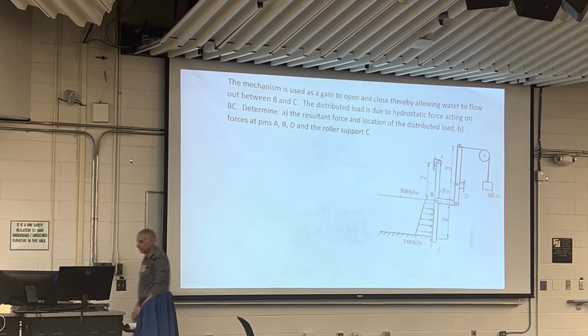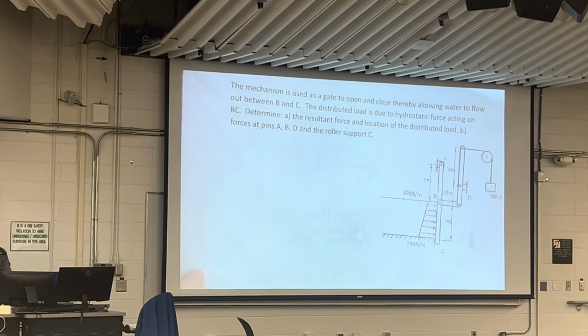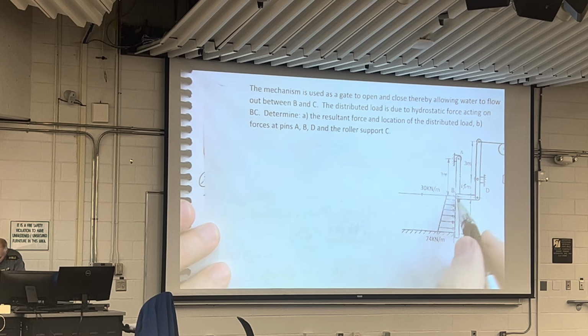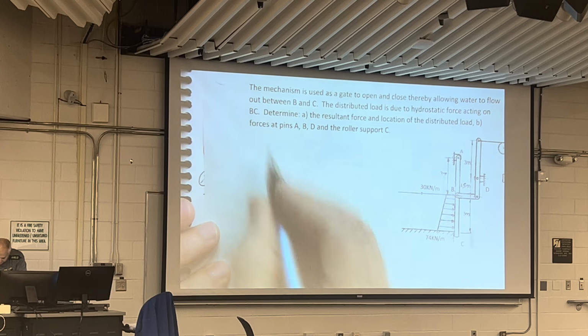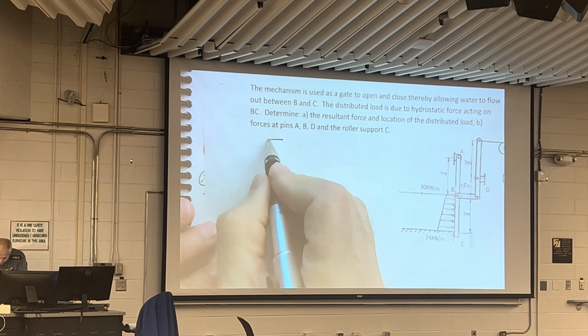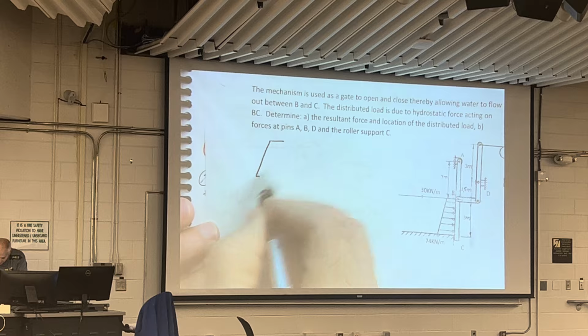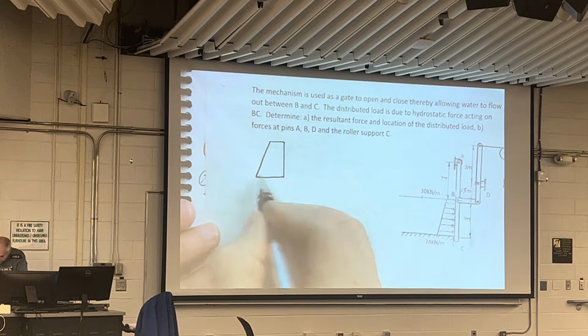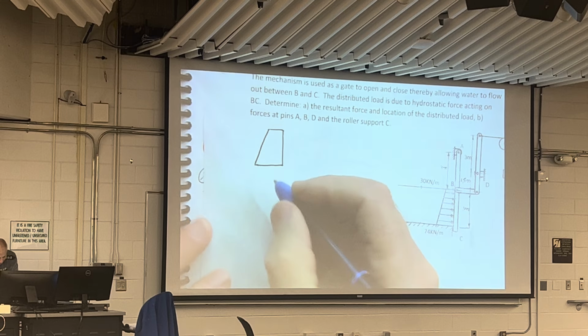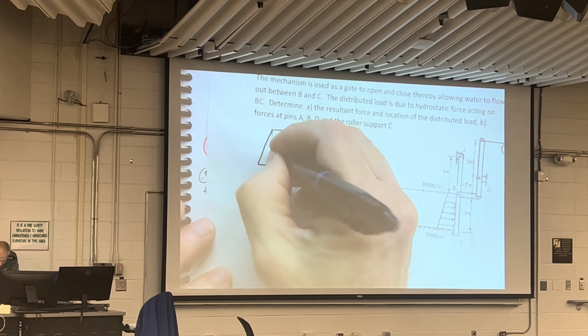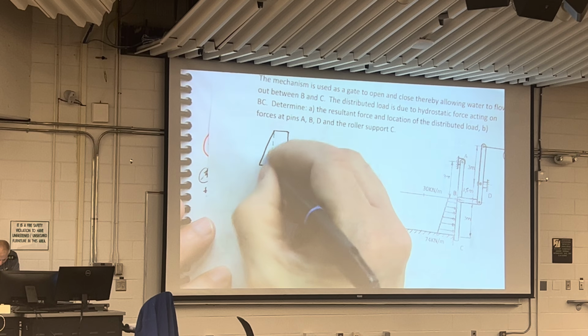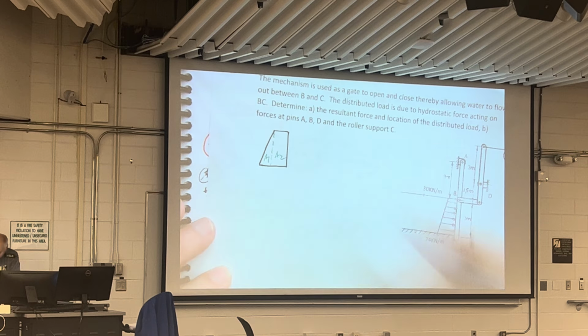Okay? So the first thing we're going to do is see this trapezoid. It looks like this. And I'm gonna break it up into area 1 and area 2.